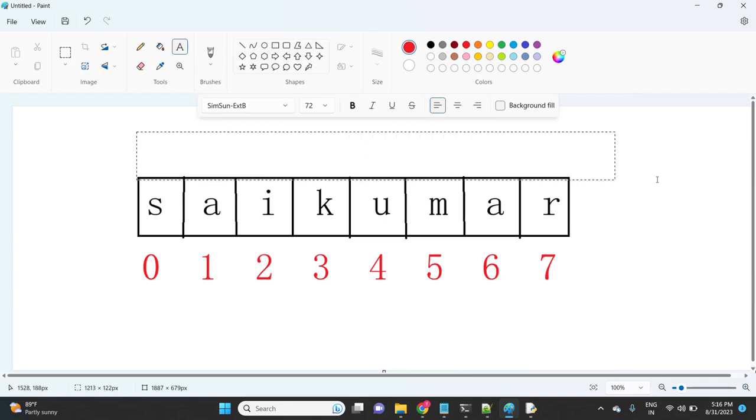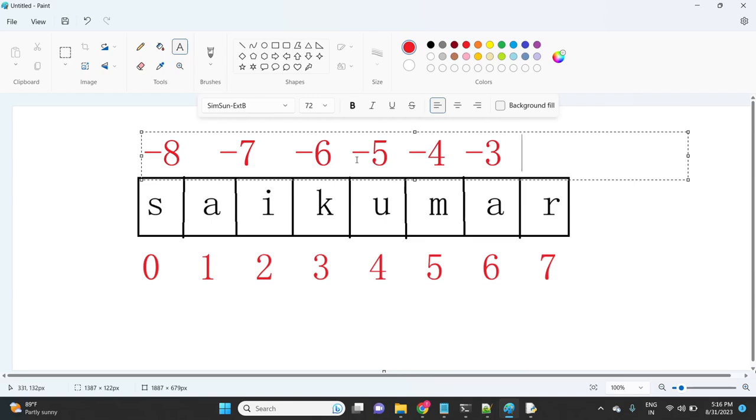Negative means the other way. Counting 1, 2, 3, 4, 5, 6, 7, 8 characters, 8 means -8, -7, -6, -5, -4, -3, -2.